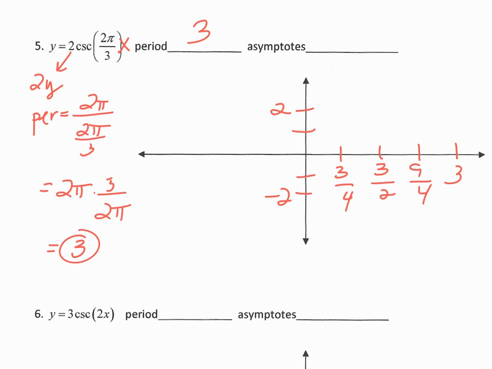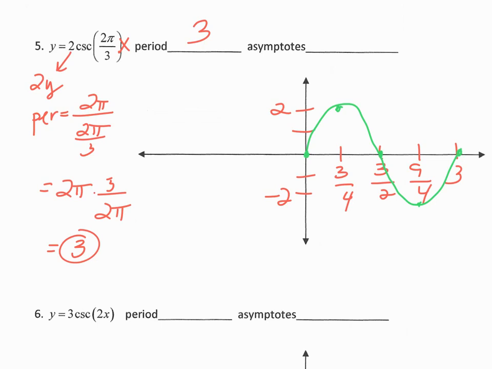So then I have to remember, if you don't want to draw sine in, you do not have to, but I'll go ahead and do it one more time on this video. So if I draw sine in on this graph, it would look like this, because cosecant and sine are reciprocals of one another. Okay, so this green is my sine curve. And if I take all of those points and flip it into cosecant, here's what we do.